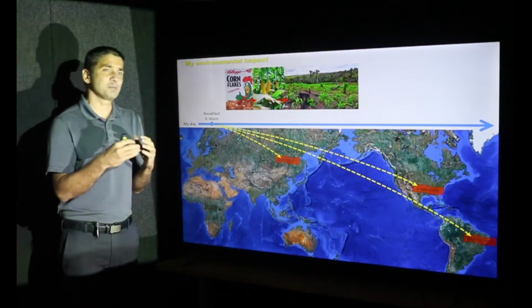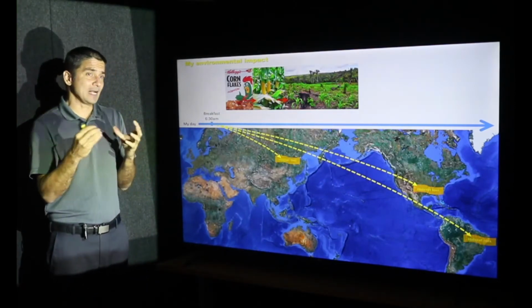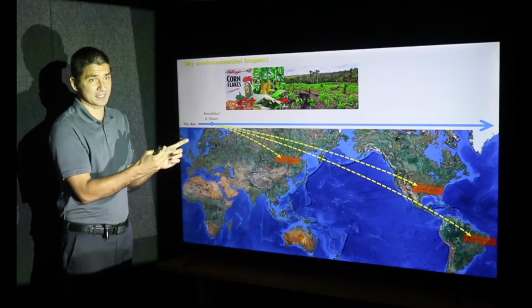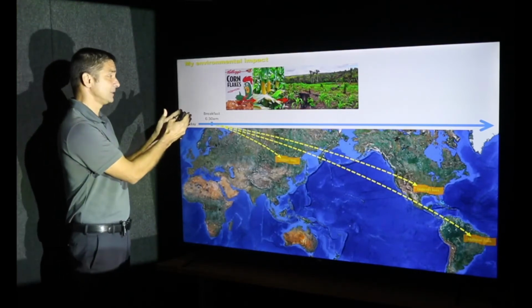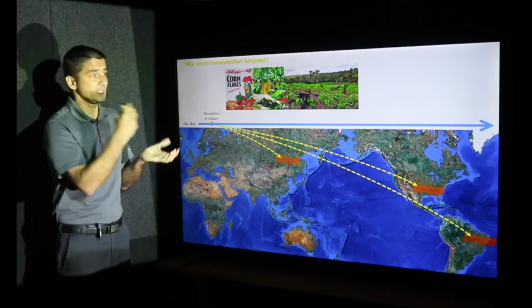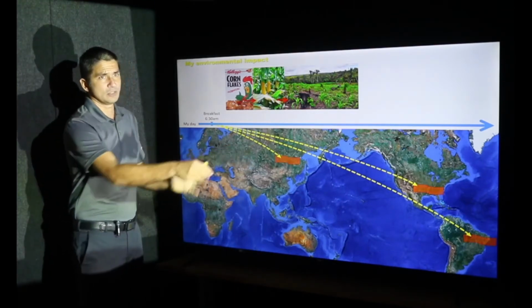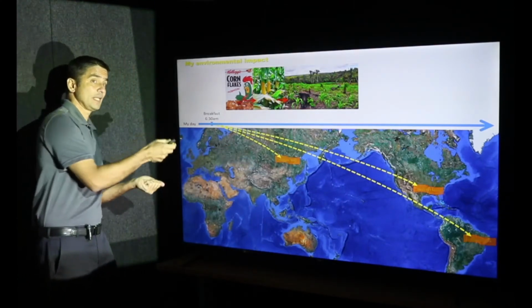This massive expansion of industrial agriculture so that I can have my cornflakes. And there you can see already by 6:30 in the morning how me eating cornflakes is leading to habitat loss in different places around the world where that cornflake comes from.